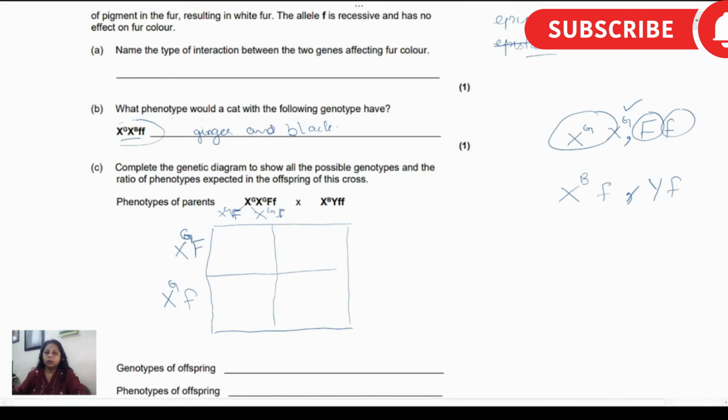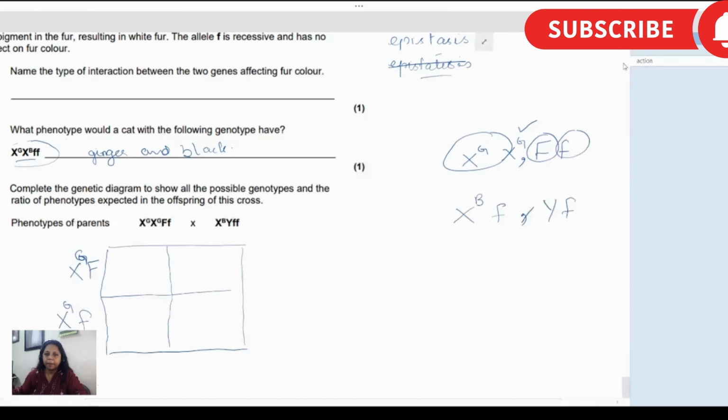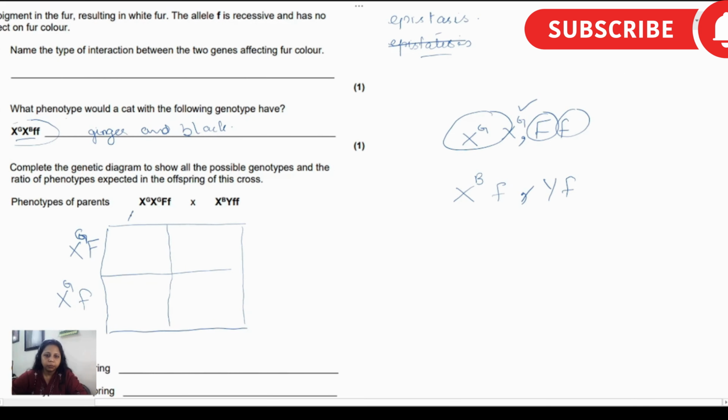Okay. Now make whatever pairs we want to use. I'm just erasing something. Give me a minute. And it would be, are you writing?